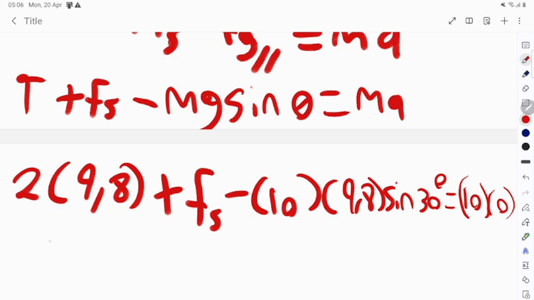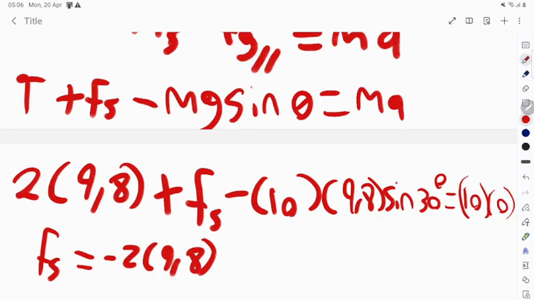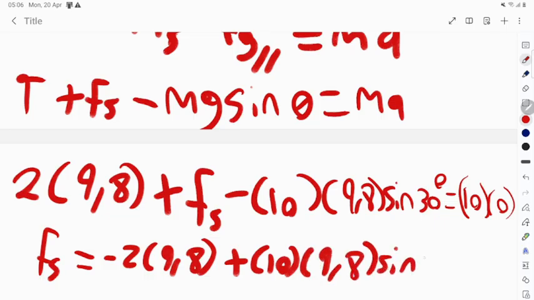So then if we make friction the subject of the formula, we take 2 multiplied by 9,8 to the other side, so that will be negative 2 multiplied by 9,8 plus, because it's negative, plus 10 multiplied by 9,8 sine of 30 degrees.